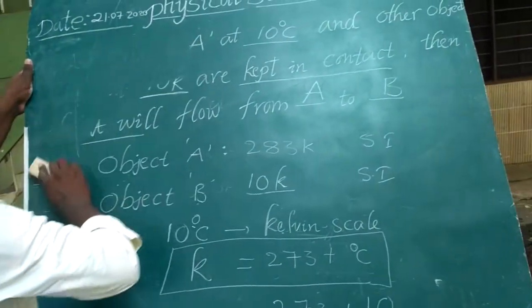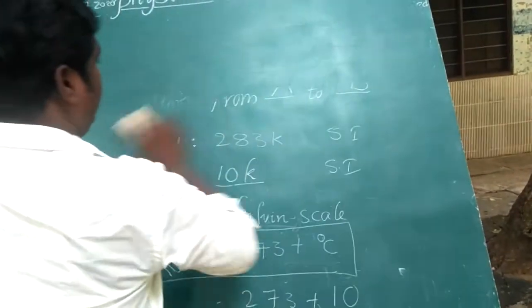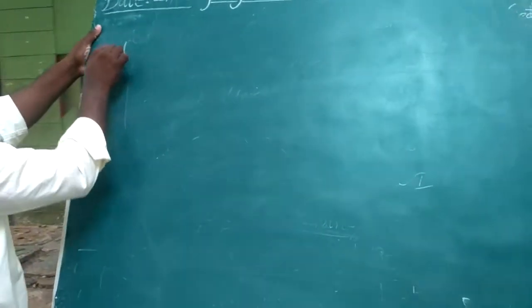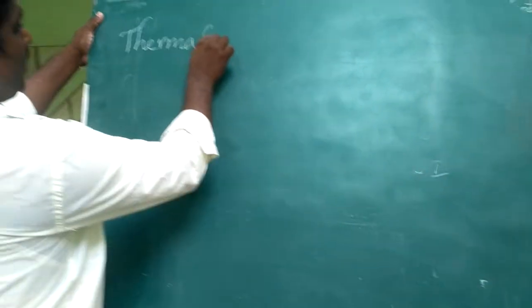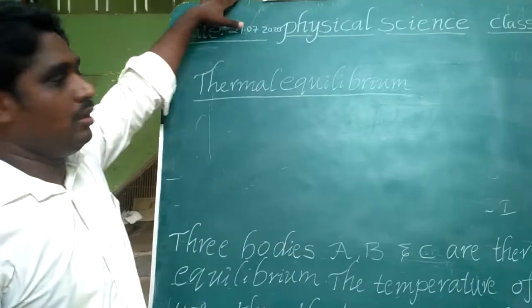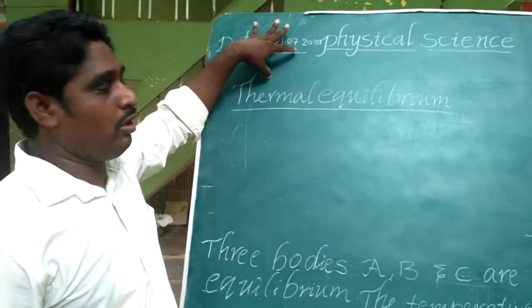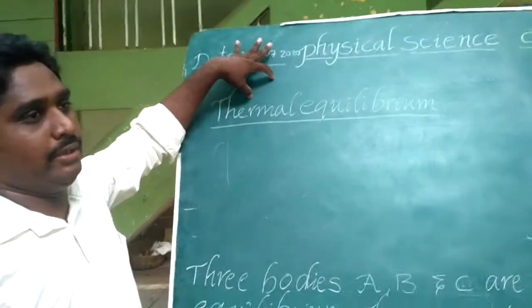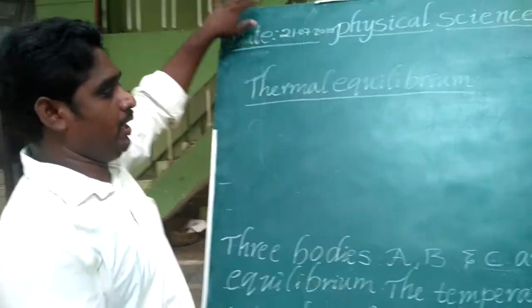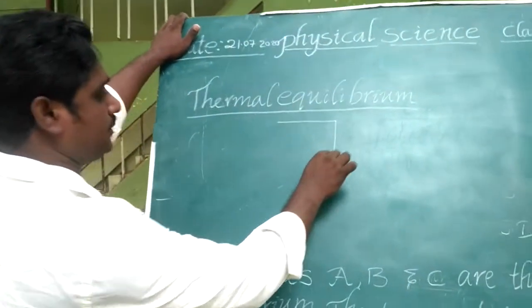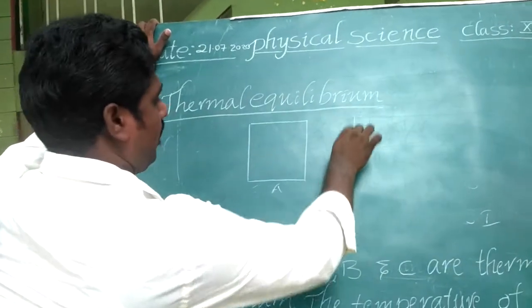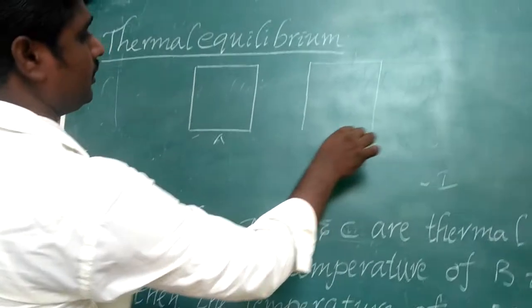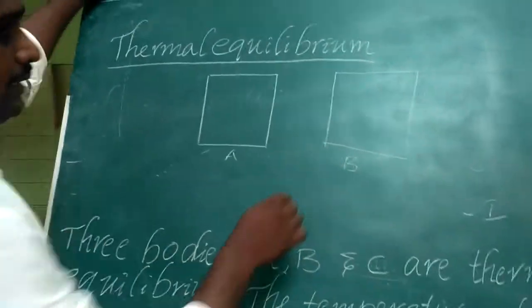Okay, friends. Next we go to thermal equilibrium. Okay, students, look at the next topic. What is thermal equilibrium? We take two objects, object A and object B. These both have different temperatures.